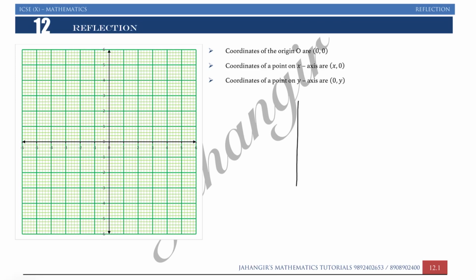What is reflection? Reflection means the mirror image. Suppose I take a coordinate axis already drawn on graph paper. This is the x-axis, this is the y-axis, this is x dash, this is y dash.